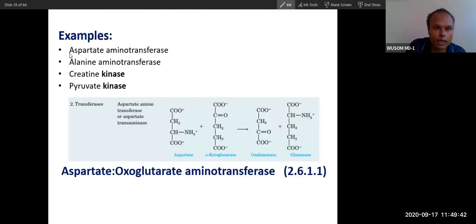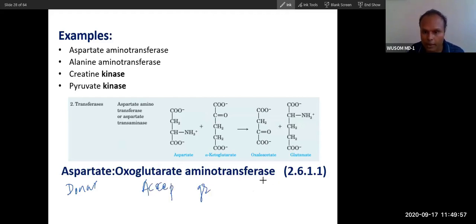Now let's see another example. In the same way as ALT, you see AST, aspartate aminotransferase. This is the donor, and this is the acceptor. So donor acceptor group transferase, and the number is given based on this.